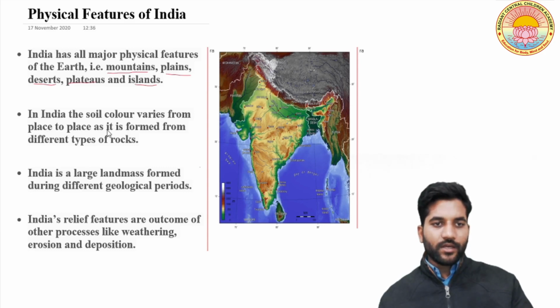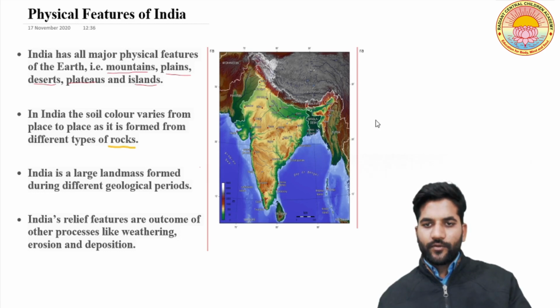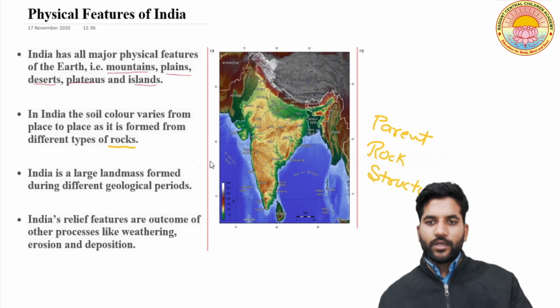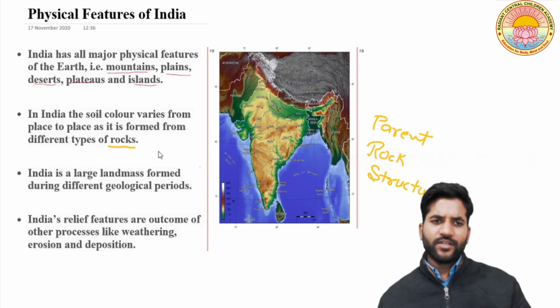In India, the soil color varies from place to place as it is formed from different types of rocks. When we talk about the formation of soil, basically it is determined by the parent rock structure. So suppose we are talking about black soil, it has different elements.